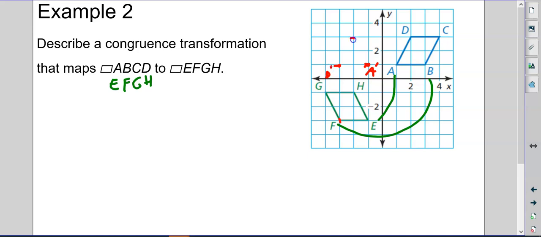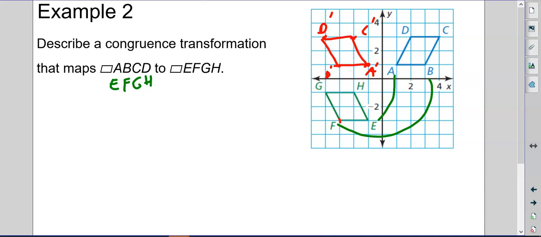D is 2 away, and C is 4 away. Let's see how this goes. I need A to match up with E, B with F. Well, let's see. Look now. 1, 2, 3, 4. That works. So not a lot of trial and error, but some.